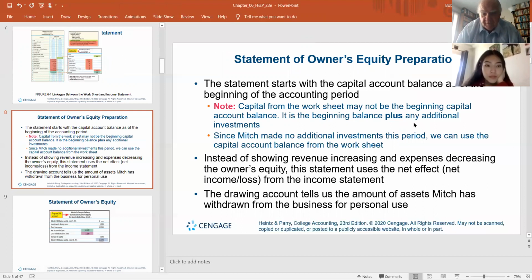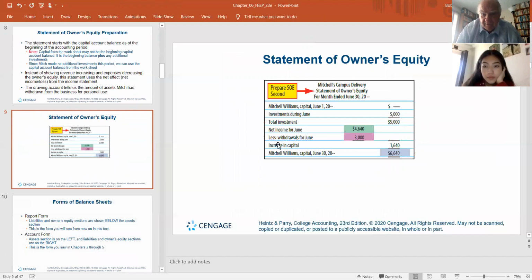And that's the one where we have to bide our time. BIDE: beginning balance, beginning plus income or investments, and then any drawings, withdrawals. So here we go. This business started off with 0. He invested 5,000. They're giving you a subtotal. And he made income of 4640 and withdrew 3,000 to get us down to our new capital total.